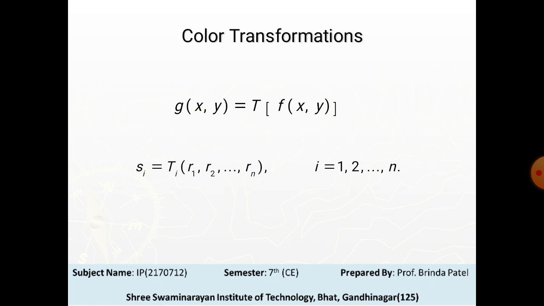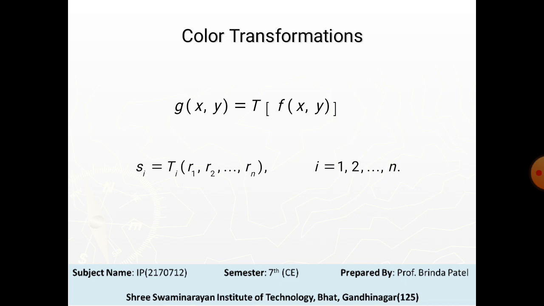The principal difference between this equation and the earlier equation is in its interpretation. The pixel values here are triplets or quartets from the color space chosen for the representation of the images.